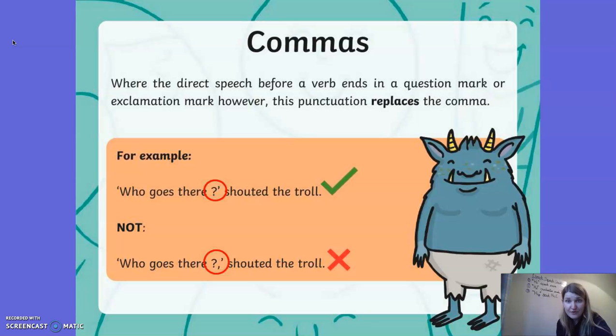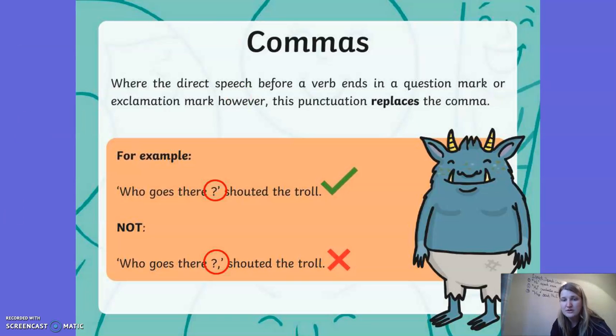However, if we've got the speech, then the verb, so speech, verb, and I want to use an exclamation mark to show hi, or if I was asking a question, so "How are you?" said Mrs. E. Instead of using an exclamation mark or a question mark and a comma, we'd use only the exclamation mark or the question mark. Okay, so you don't ever have 2 bits of punctuation next to each other, do you? We know they'd end up in a fight or something if we put them next to each other in a sentence.